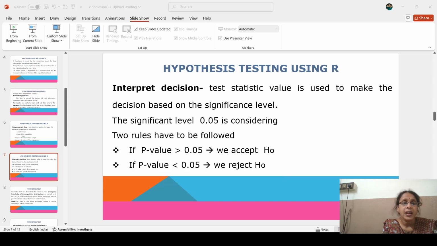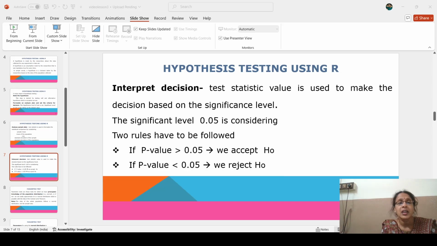When this code is run in R, we get the output like this. We are getting the p-value 3.713e-07. Here we have to check the p-value against the significance level, which I am taking as 0.05.